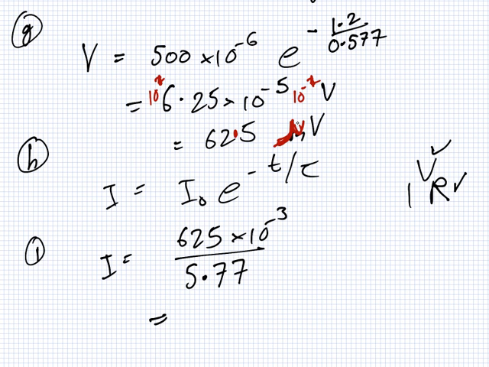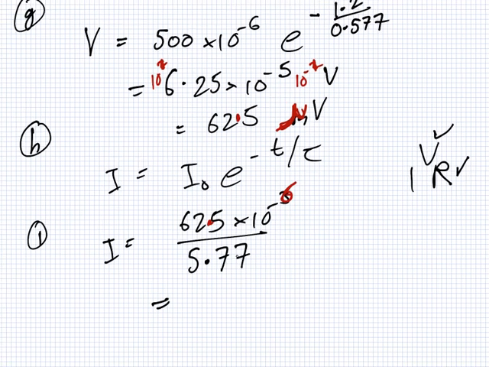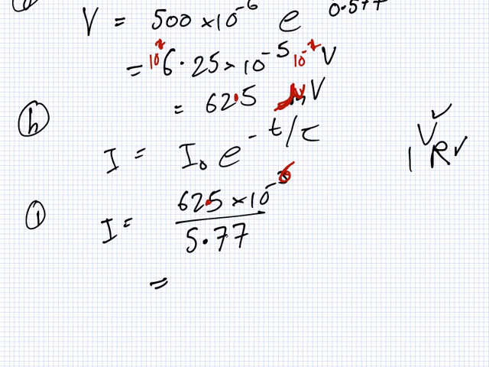And then what's the current? Okay, so I need to change this then. That's 62.5 and that's 10 to the minus 6. So what do I get here? KJ, you got a calculator? What you got, Monica?